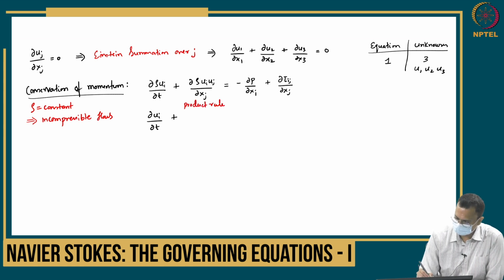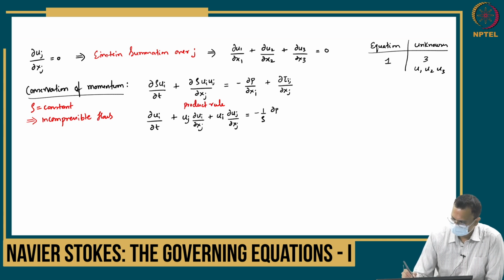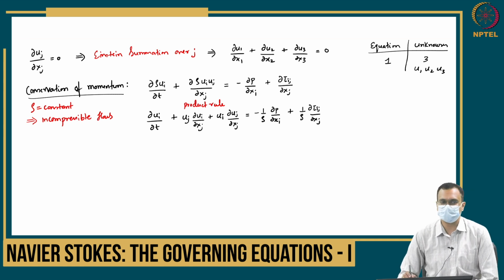If I use product rule again, I will get uj dou ui by dou xj plus ui dou uj by dou xj equal to, I am taking the rho to the right hand side, I get minus 1 by rho dou p by dou xi plus 1 by rho dou tau ij by dou xj. I am taking the non-conservative form of the equation, right?